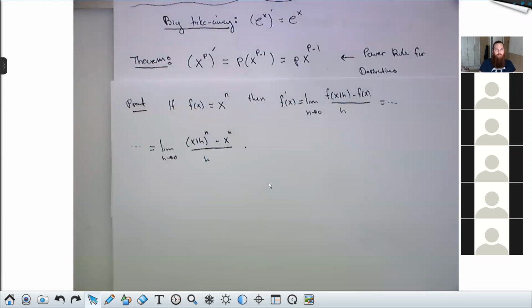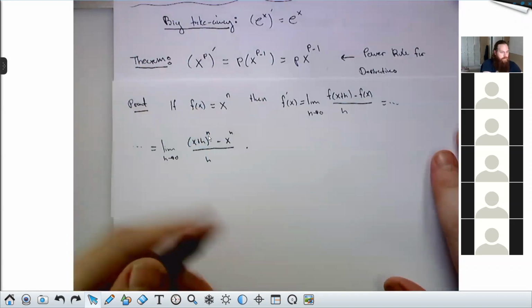The challenge here is dealing with this. You have to FOIL all this out, but you don't know what n is. n is an arbitrary positive integer here.